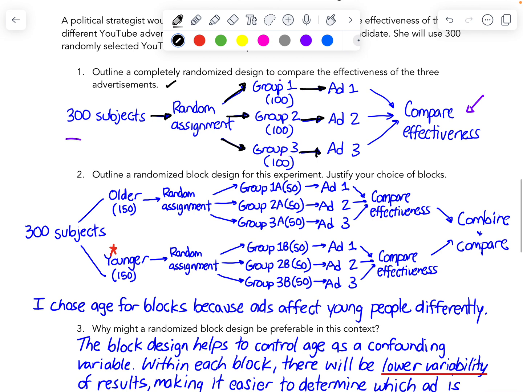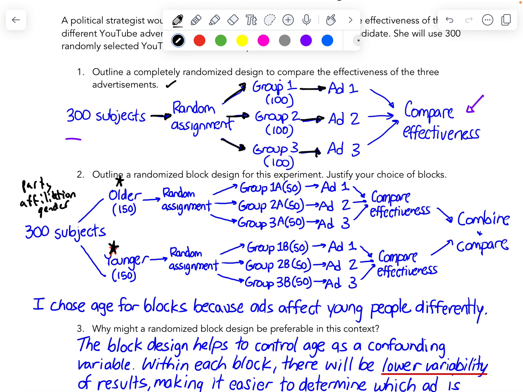Now, if I'm looking at the randomized block design, right, we have 300 subjects. We then split those subjects along some criteria. It could be age, like one's older or younger. We could do party affiliation, right? Which political party are they attached to? Or we could do gender, etc. There's lots of options.